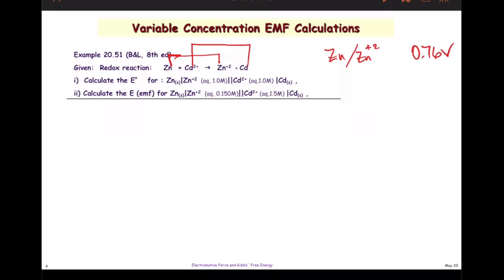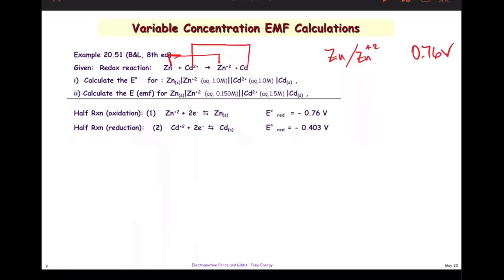But if you look up the reduction potential for cadmium, you will find out that that reduction potential, for cadmium plus 2 going to cadmium 0, is negative 0.403.